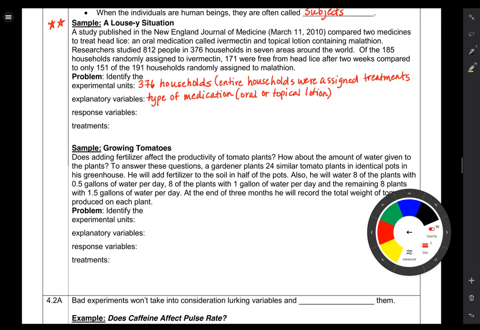The response variable is what was being measured: either there was head lice or there was no head lice. And the treatments, the actual treatments that were being imposed, were ivermectin and malathion.